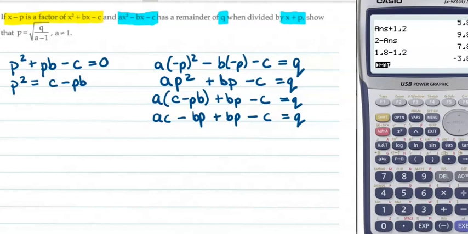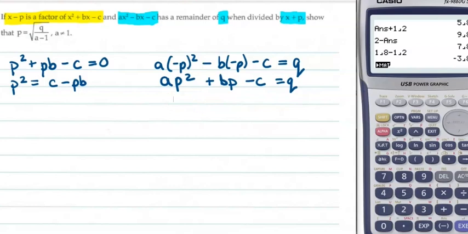Now, actually, this is a good example of where you try something out and it doesn't quite help you. So if you see now, if I do that, those are going to cancel. That doesn't help me to get anything in p. So I'm just going to go back a step instead of substituting in there and try something else.